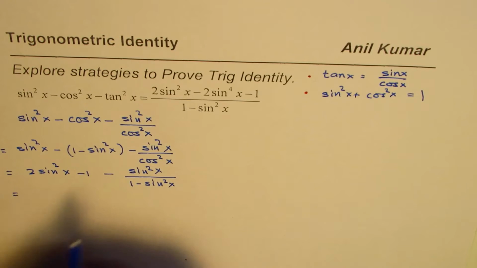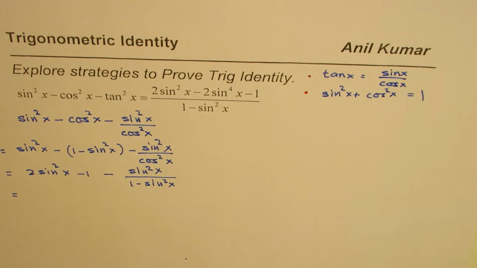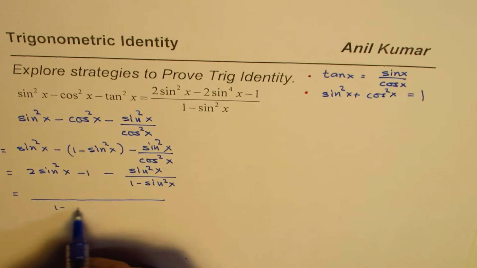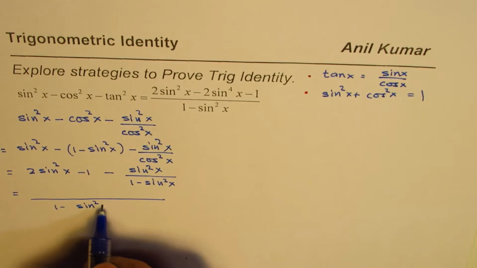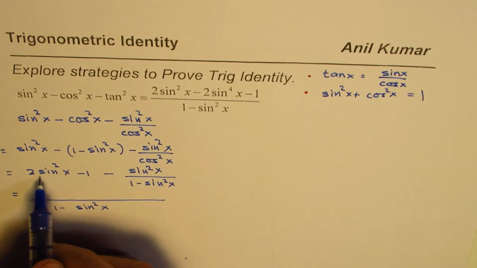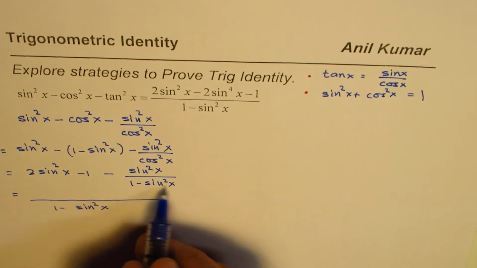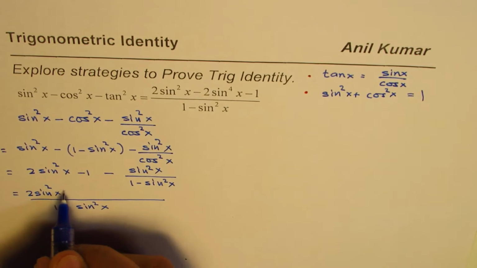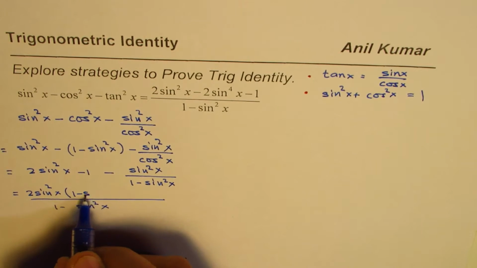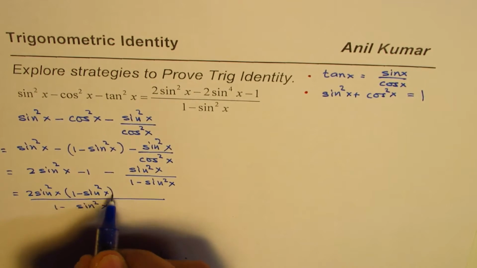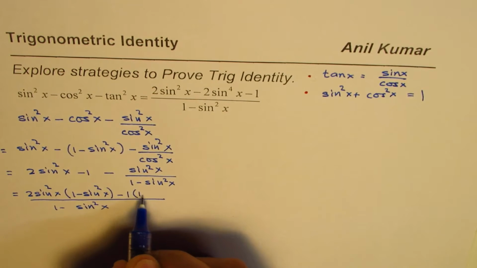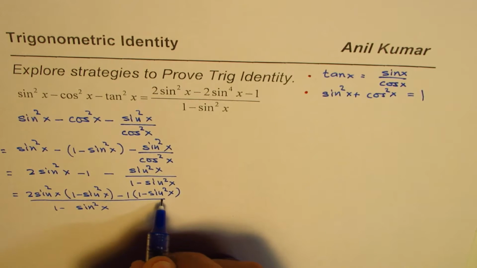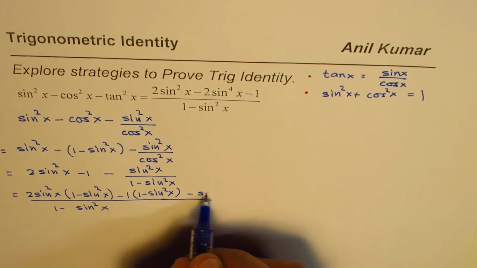Now at this stage we can take a common denominator of 1 minus sine square x, and then all these terms will get multiplied by 1 minus sine square x. So we have 2 sine square x times 1 minus sine square x, then minus 1 times 1 minus sine square x, and we have minus sine square x.